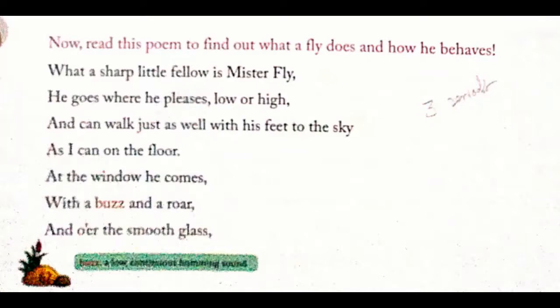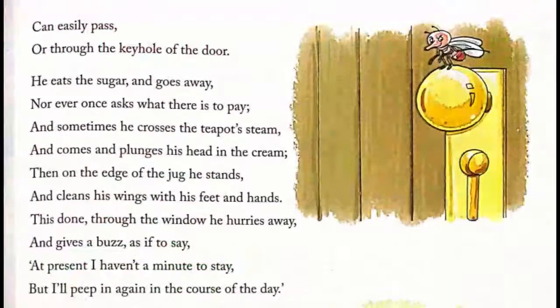Here the poet wants to say how the fly enters our house. How does it enter the human house? By the window, through the glass window, through the keyhole, even the small passage of the keyhole, they can enter. The fly is so tiny, so small, that it can pass through the tiny hole of the keyhole also, and it can enter our house through the window, through any holes or passages that remain in our house.